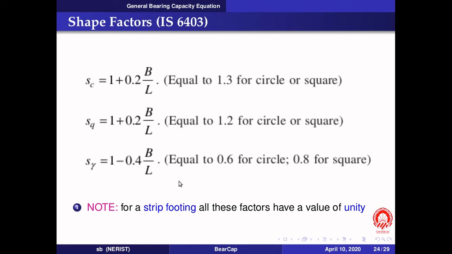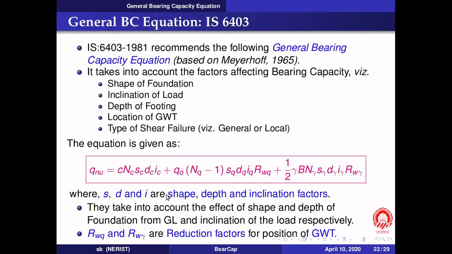So these are my shape functions given by the IS code. Let us note that in the general bearing capacity equation, if all these values are 1, then we get back the original equations given by Terzaghi or Meyerhof or Vesic, etc. So that means all these factors assume a value of 1, or unity, for strip footing.